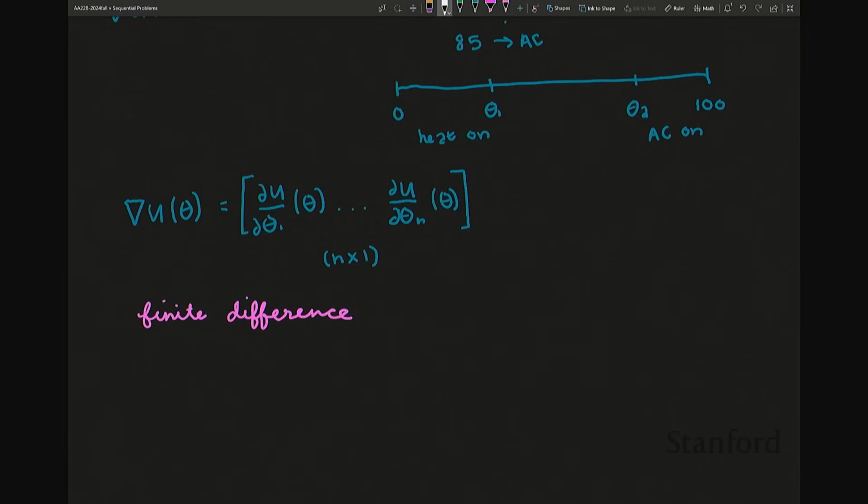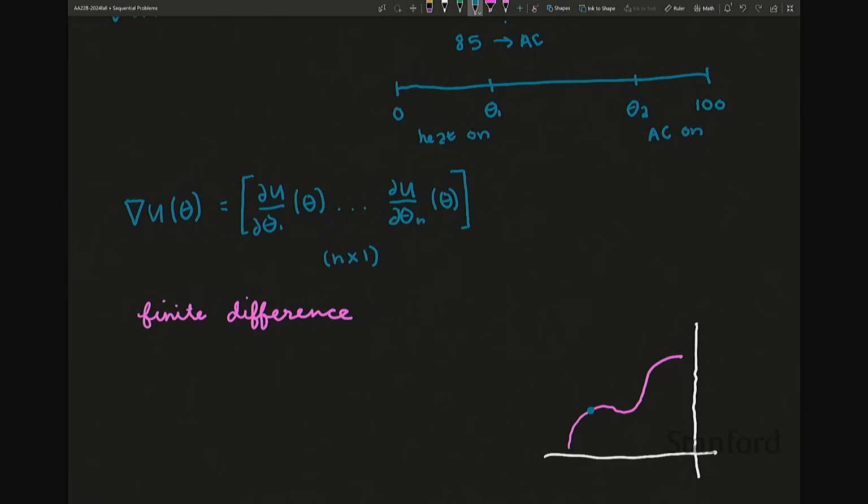So in finite differences, we have some function and then some point where we're interested in computing the derivative. Does anyone remember what we do for this method? No worries.